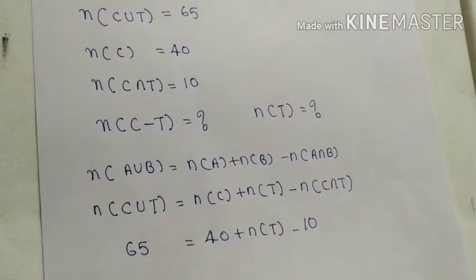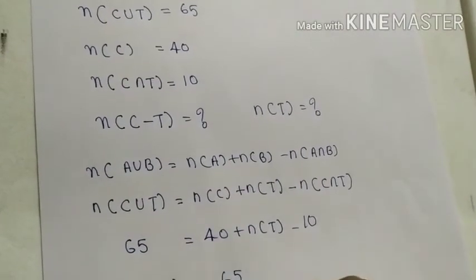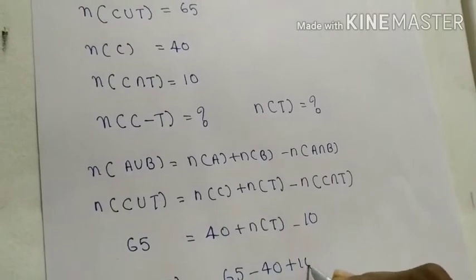From this we get n of T is equal to 65 minus 40 plus 10.